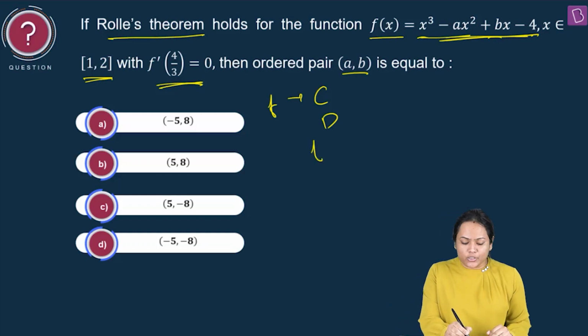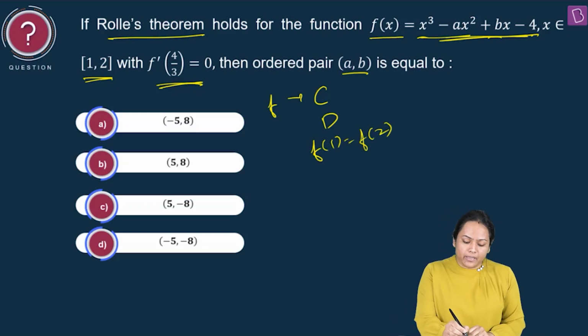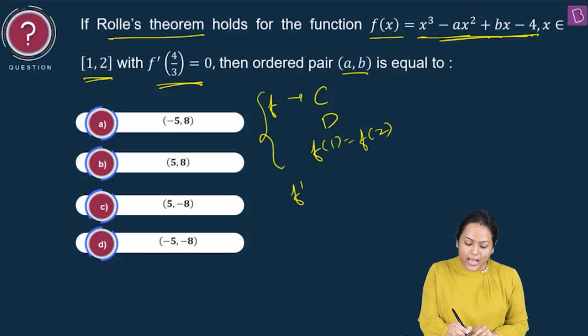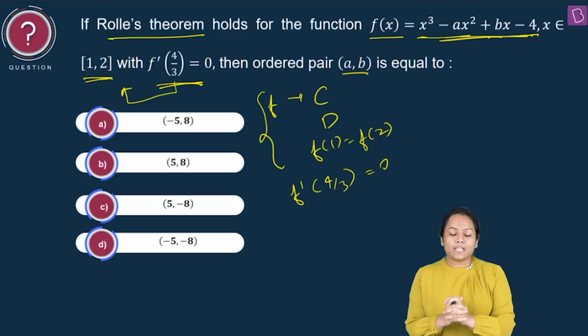And the third condition is that f of 1 should be equal to f of 2. And if these three conditions are true, we can say that f dash, the derivative of the function at some point c, in this case 4 by 3, is 0, and 4 by 3 definitely is lying between 1 to 2. Clear? So these are the three conditions.